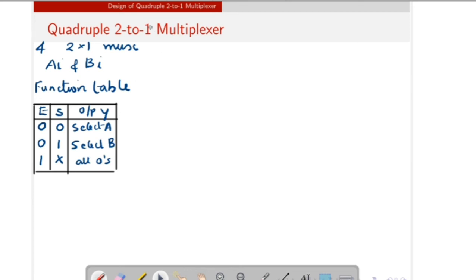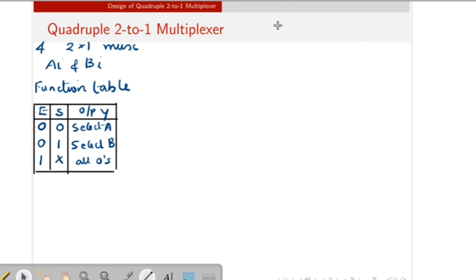So 2x1 multiplexers have 2 inputs and 1 output. AI and BI are the inputs. So here 4 2x1 multiplexers means we have 8 AND gates and 4 OR gates.